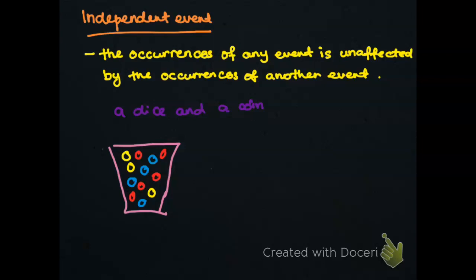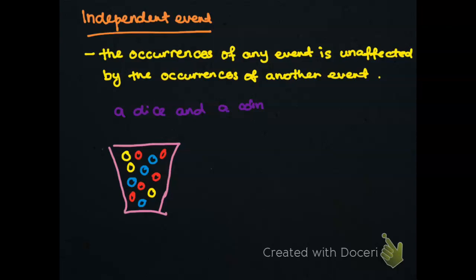Another example of independent event is like this. Let's say you have a bag full of balls, and in that bag you have blue balls, red balls, and yellow balls. When you reach into the bag and choose a ball without looking at it, you record the color of the ball and then you replace the ball back in the bag.